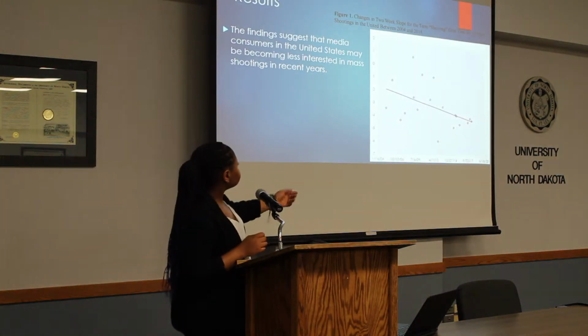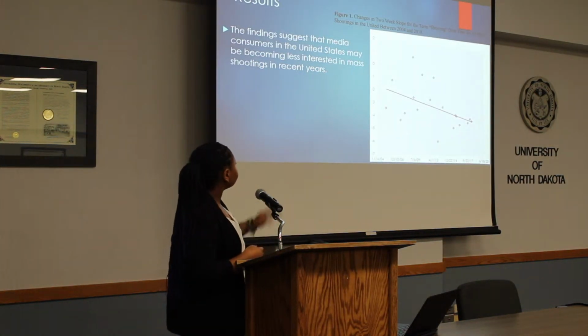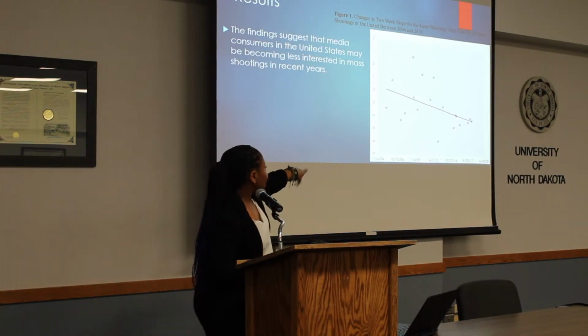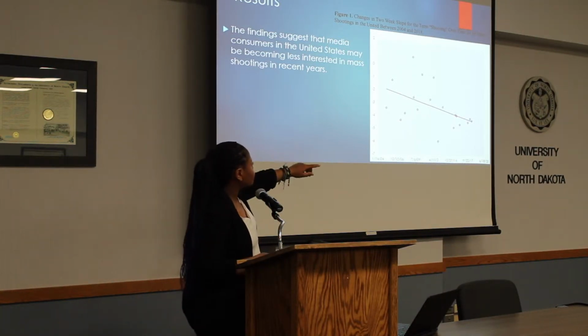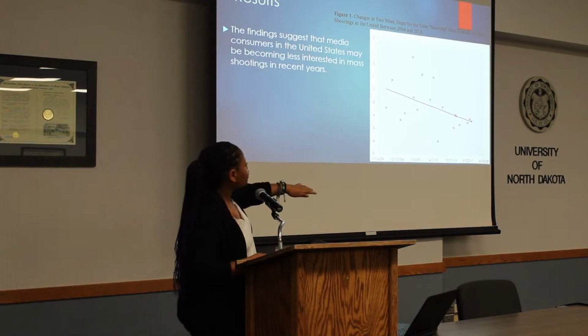And then results from the study: the findings suggest that media consumers in the United States may be becoming less interested in mass shootings in recent years. That graph is just showing changes in slope for the term shooting over time.